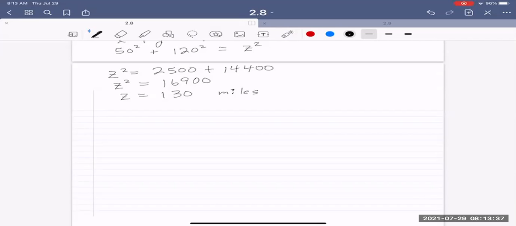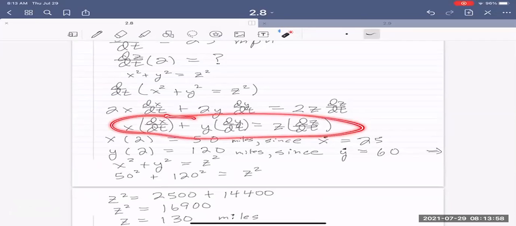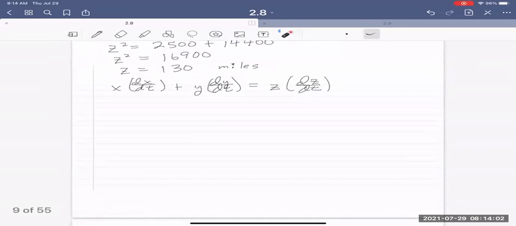So I have that x dx/dt plus y dy/dt is equal to z dz/dt, from this equation here that we derived. And so let's just plug in.